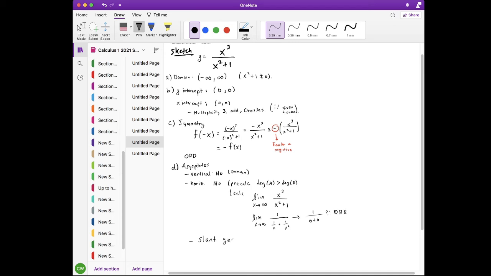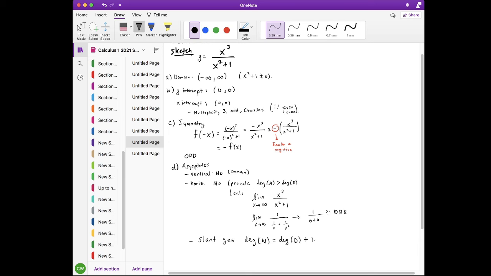By inspection. Something to do with the degree of the numerator and the degree of the denominator. So if the degree of the numerator is 1 more than the degree of the denominator, then there is a slant asymptote.